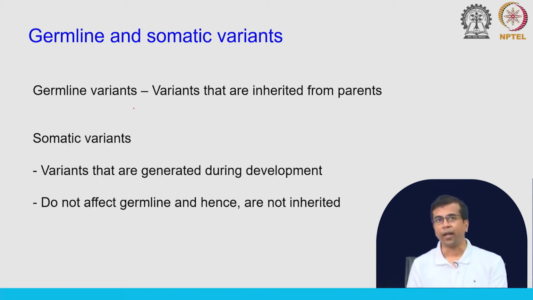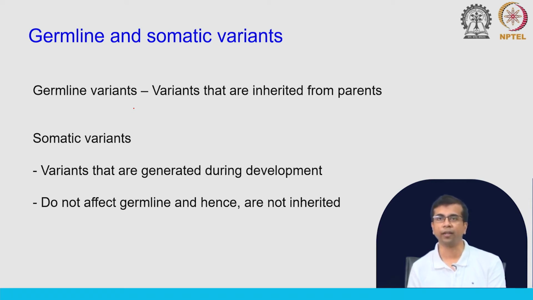Somatic variants, on the other hand, are variants that are generated during the development process, during divisions of the cells from the zygote. These variants are not present in the zygote, they originate during the cell division process, because these mutations are happening. So, these variants do not affect the germline and that is why they are not inherited.